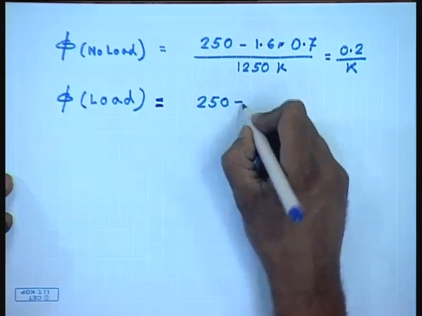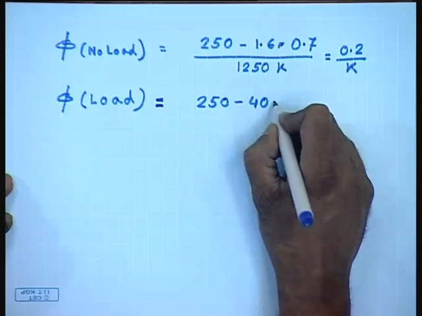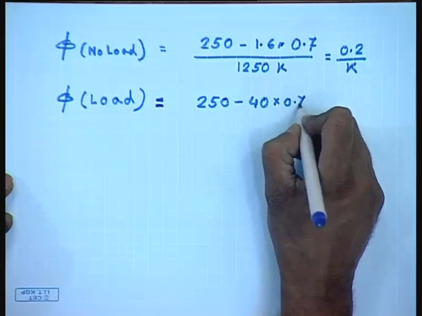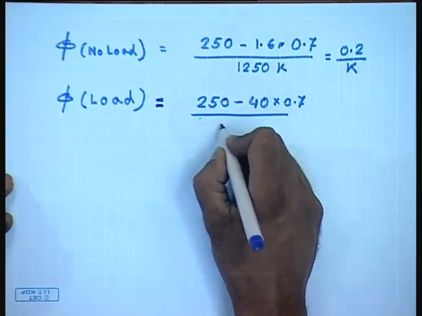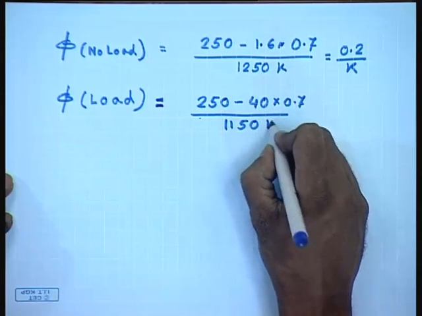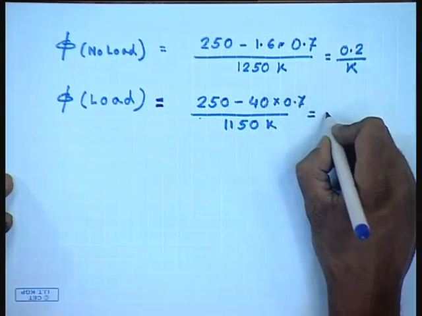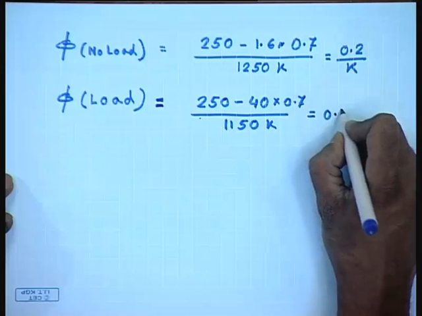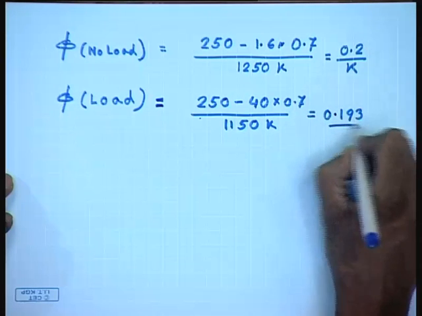And phi on load becomes 250 minus 40 into 0.7 by 1150 k. So, this is equal to 0.193 by k.